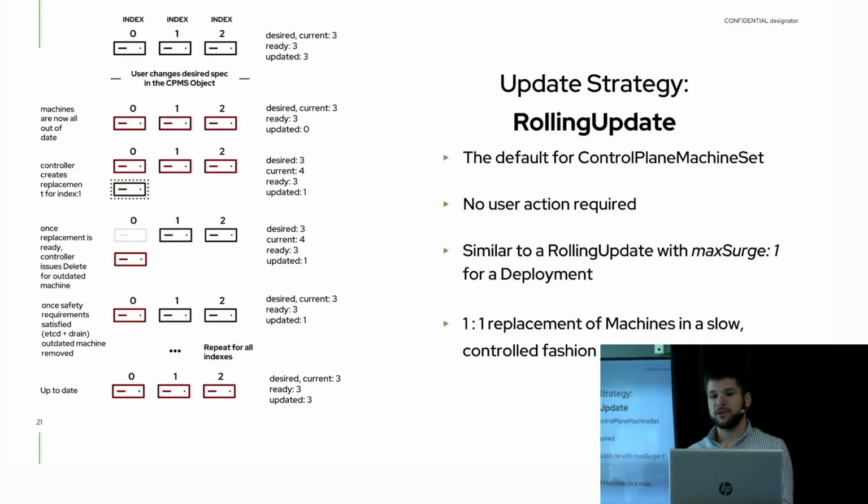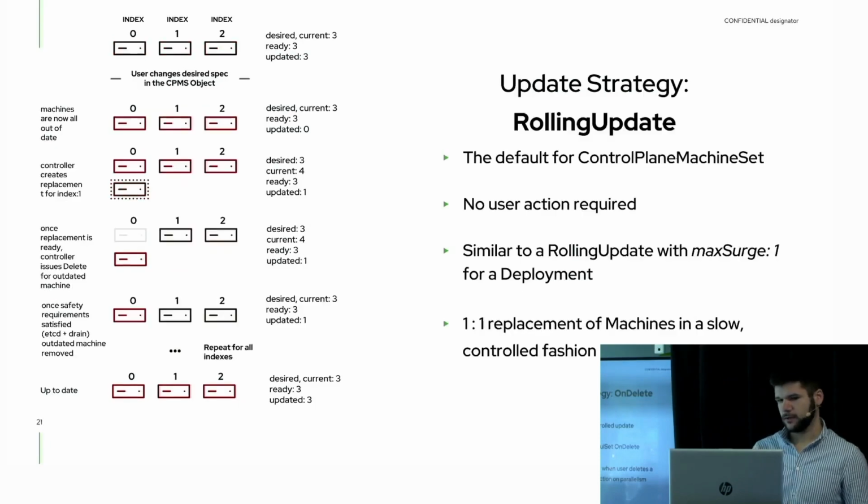And then what happens is the operator performs a rolling update. And it does so by behaving similarly to what happens with deployments. Like deployments have the rolling update strategy, and they have max surge. With this one, we have max surge set to 1, and we're going to perform a 1-to-1 replacement of each machine through the safety mechanism that Joe was explaining. So then that's fully automated and fully safe.